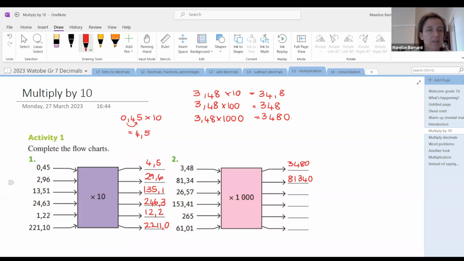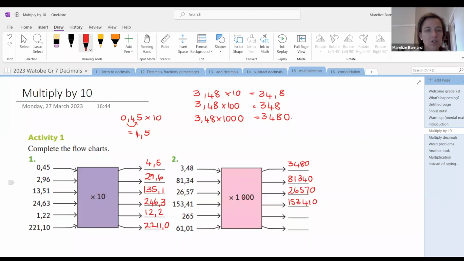Okay, 26.57 times by 1,000. What did we get? 26,570. Excellent. And then 153.41 times by 1,000 gives me 153,410. 1, 2, 3. There we go.